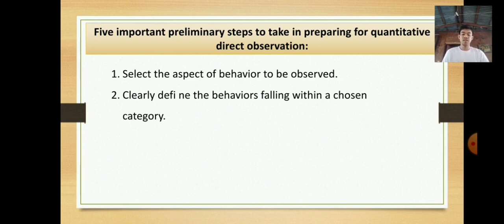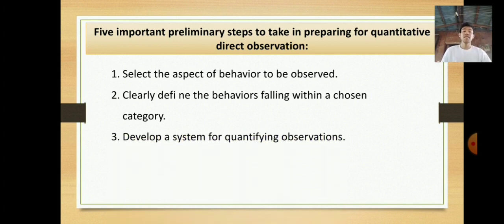Sabi dito, if observing multiple categories of behavior, make sure the categories are mutually exclusive. So, dapat exclusive lang talaga yung behavior natin para makapag-focus. So, number 3 is develop a system for quantifying observation.